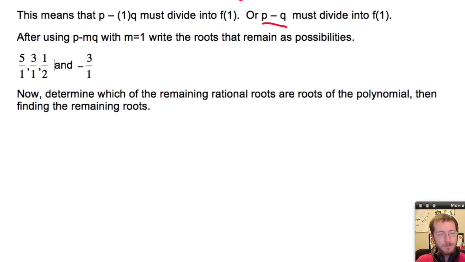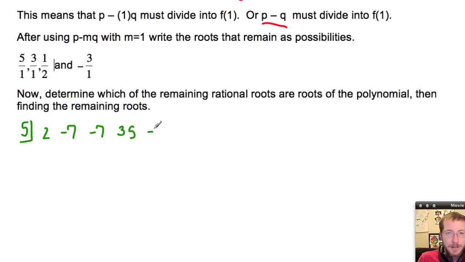So you could go through, do your synthetic division. Let's do that. So 5 is one root, so let's say we're going to do synthetic division on 5. Our original function was 2, negative 7, negative 7, 35, and negative 15.